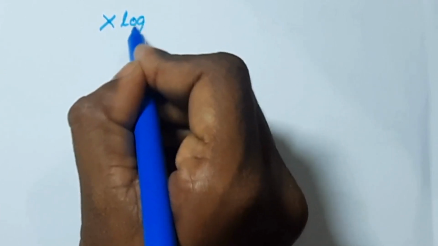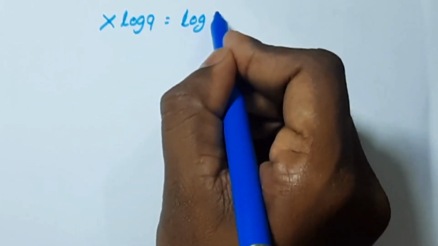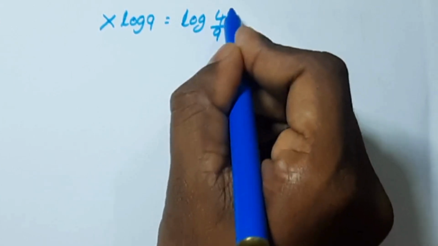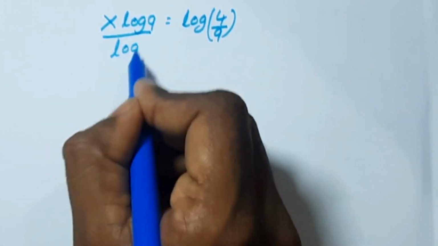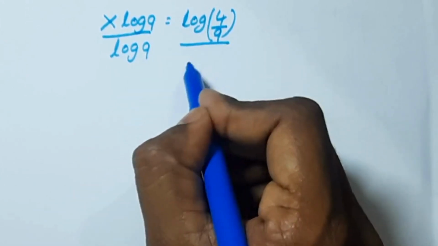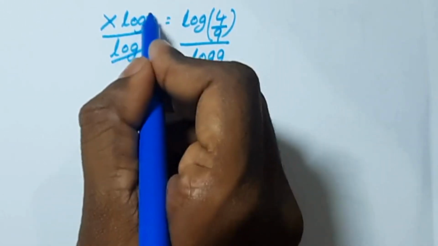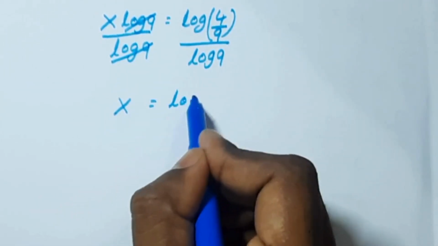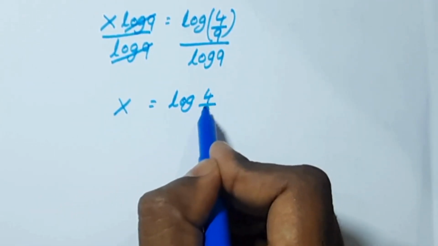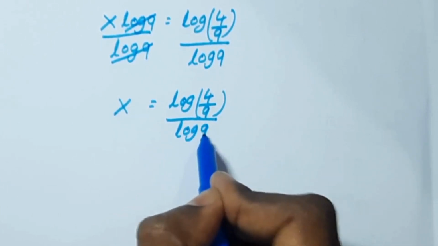Now divide by log 9 on both sides. This log 9 cancels this log 9. So we have x = log (4 by 9) by log 9.